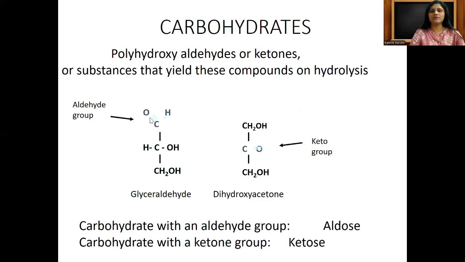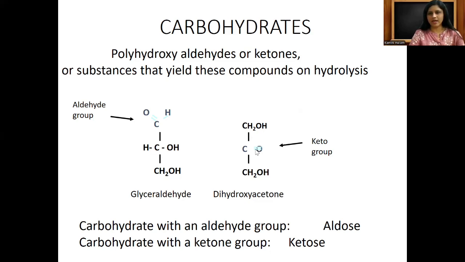It has the groups CHO, OH, H, and CH2OH. This means 3 carbon atoms are there in glyceraldehyde. The 3-carbon smallest carbohydrate is glyceraldehyde, whereas in its ketonic form, CHO is converted to C=O.